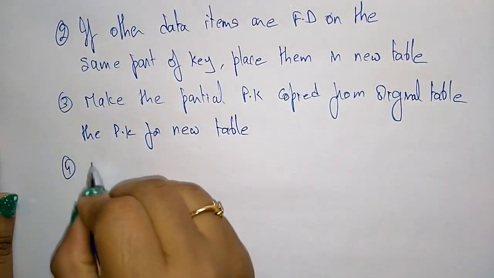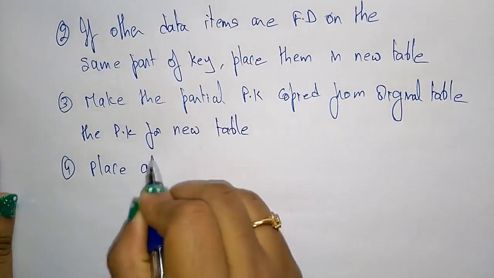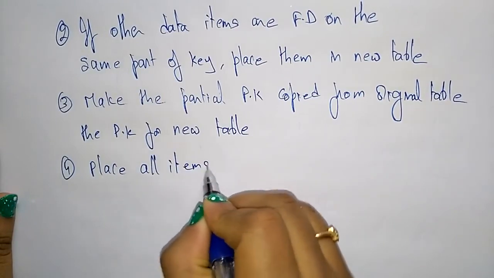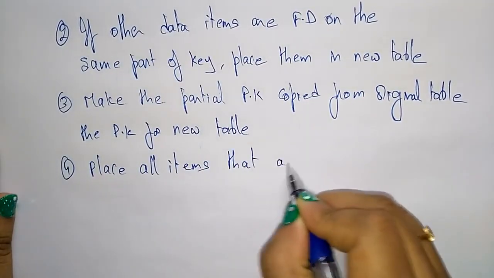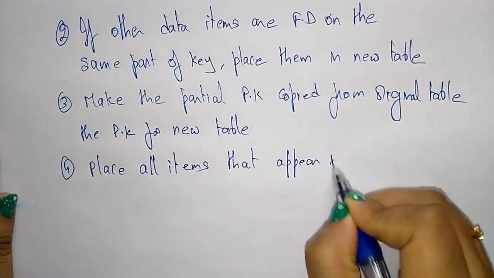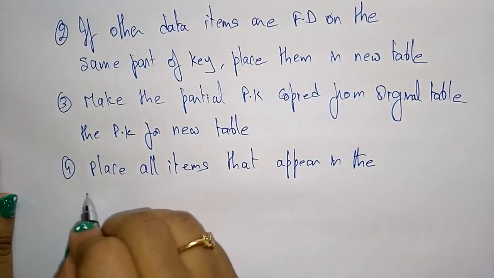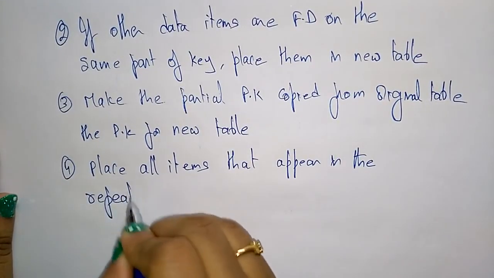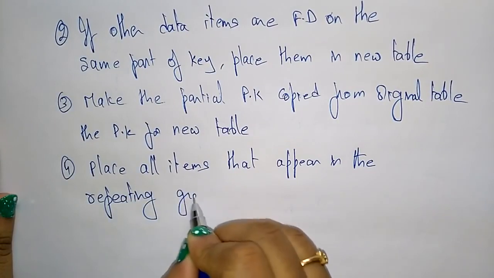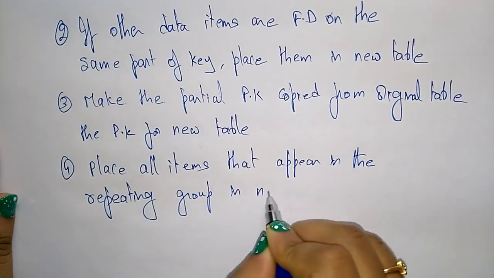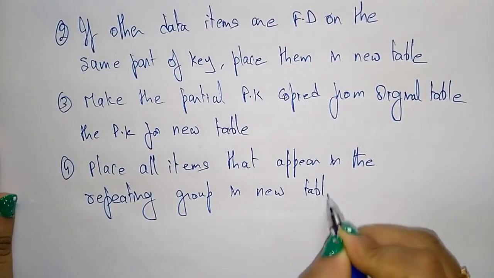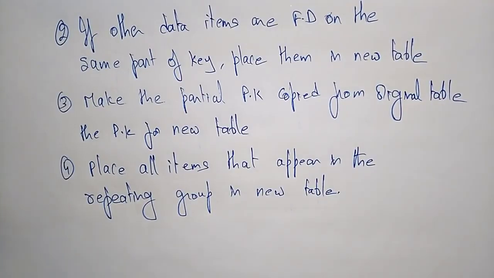And next, place all items that appear in the repeating groups in the new table. These are the steps you have to follow if you want to decompose a table into 2NF.